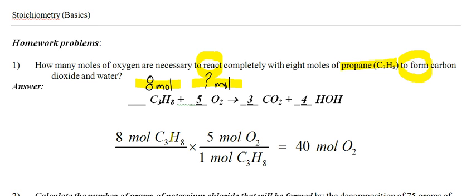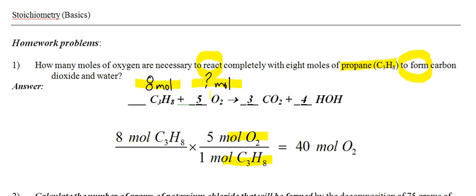Step 3 is we want to use the mole ratio, in which we want to get rid of moles of propane, and the question wants to know how many moles of oxygen. So the thing that's given and the thing that's being asked for go in the mole ratio. The thing that we're looking for will always go on top in the mole ratio, or in the numerator.